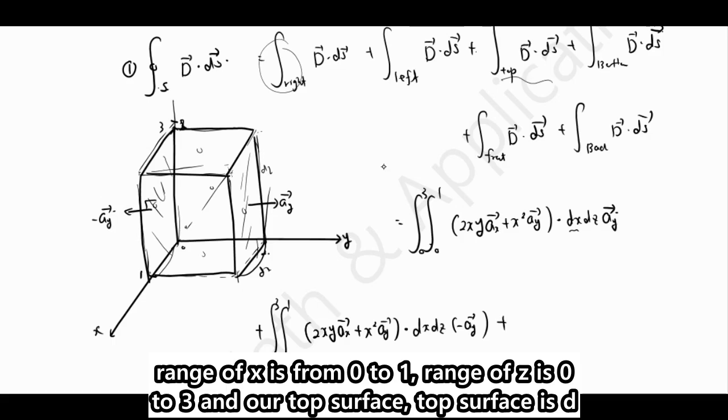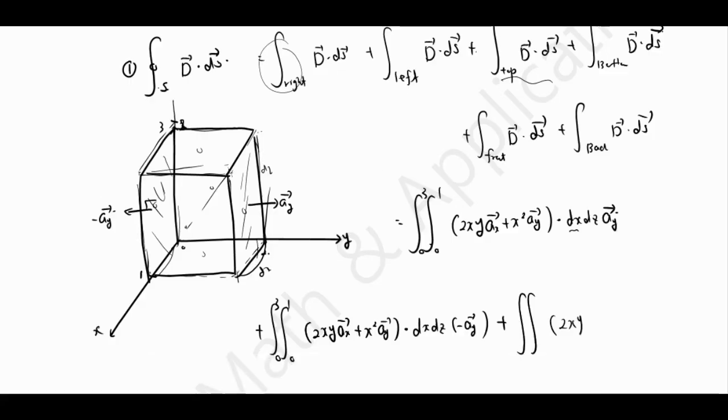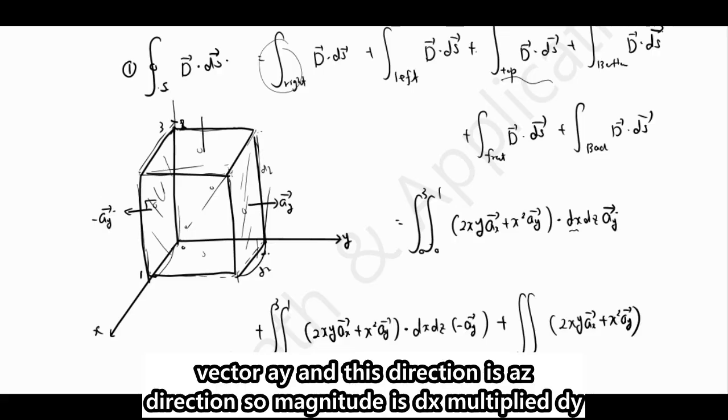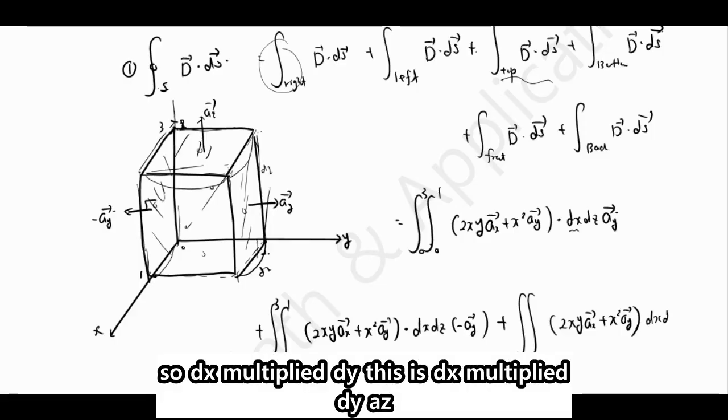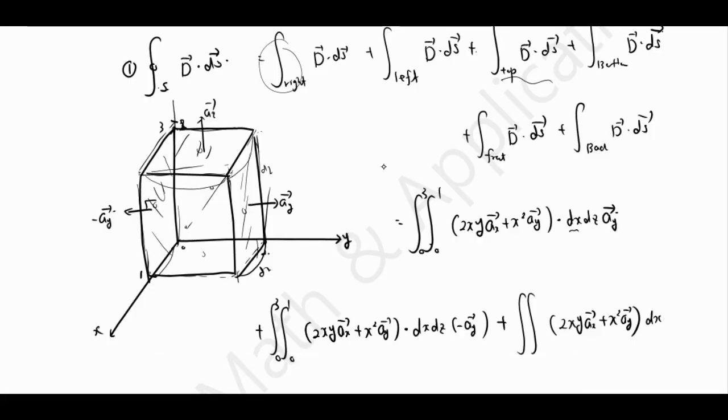And our top surface is D vector, and this direction is az direction. So the magnitude is dx dy, so this is dx dy az.